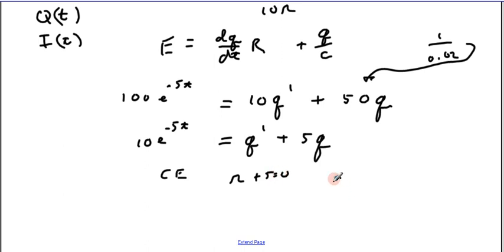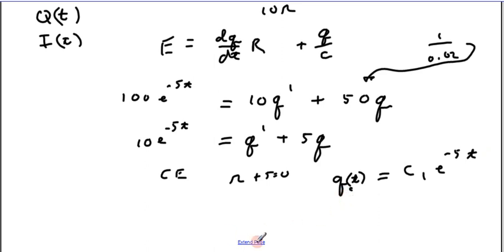And I know that q at time t for the homogeneous solution is going to be c1 e to the minus 5t. Okay, that seems reasonable.